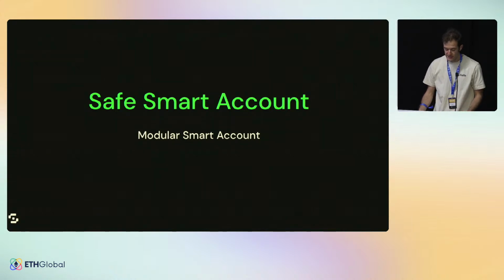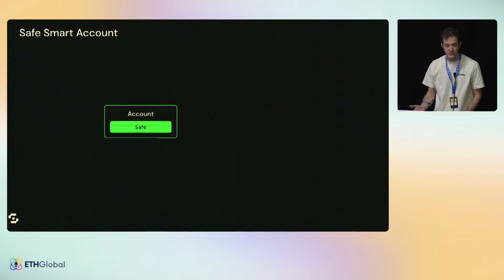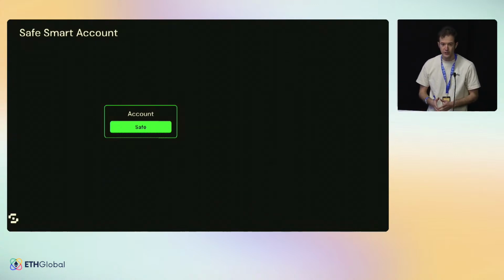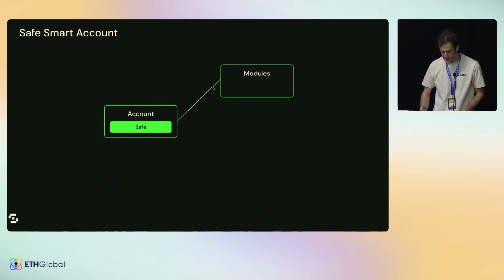So let's see what the SAFE Smart Account architecture looks like. It all starts with the core contract, the account itself, the SAFE. And you may know SAFE, it's a modular smart account. This means that it supports, among others, modules and fallback handlers.